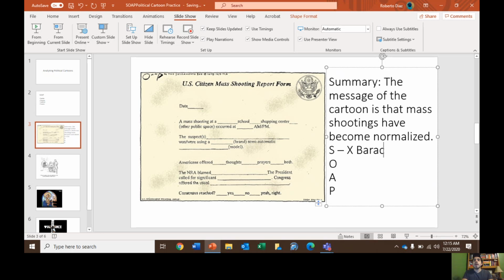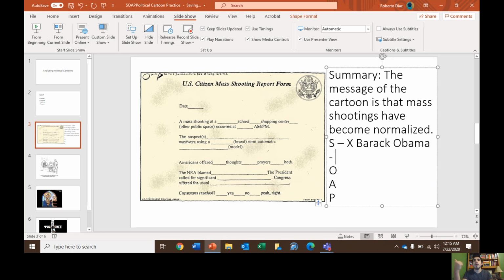And this, remember, is going in your head. This is helping you analyze the political cartoon. This isn't necessarily going on the paper on your AP exam.